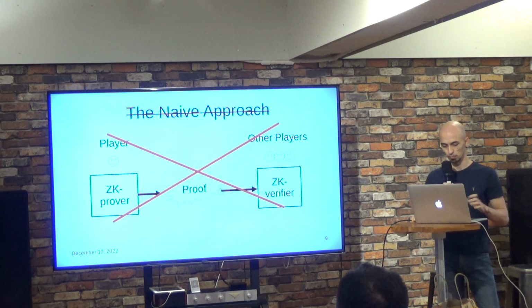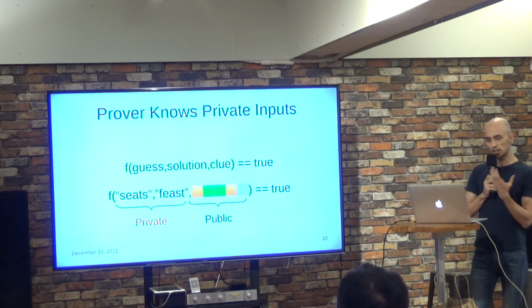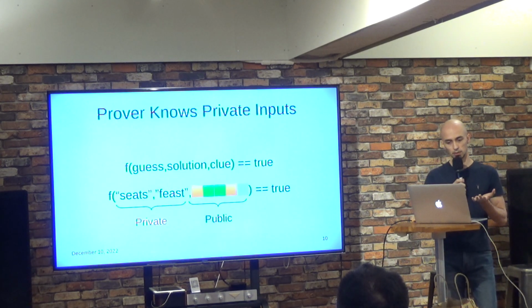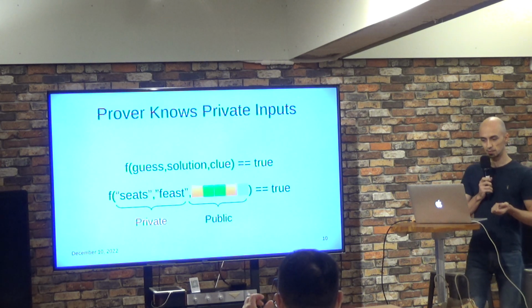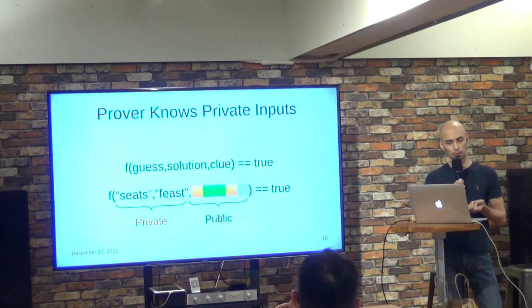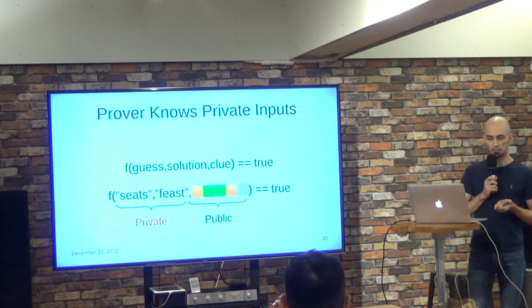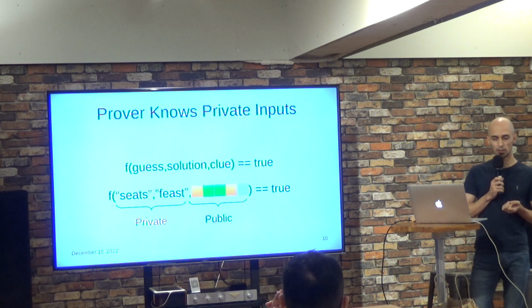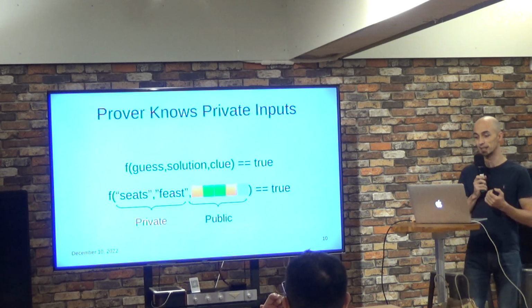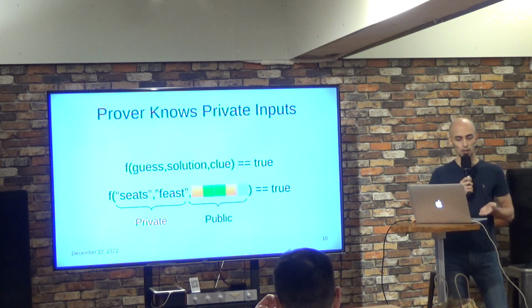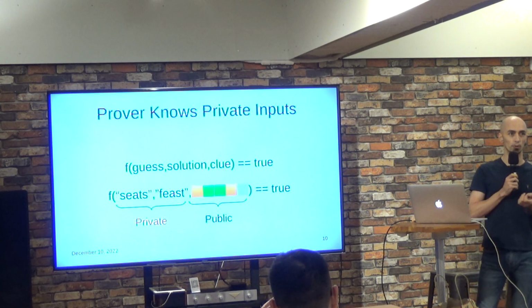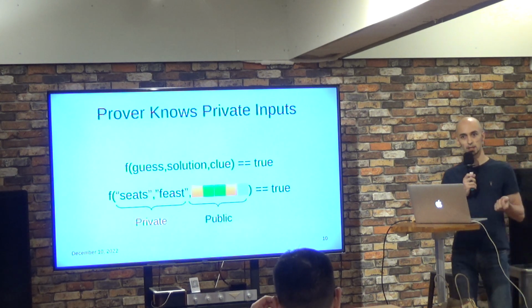in just a moment, for a couple of reasons. If we take a closer look at the statement that we're proving here, we will see that some of the inputs to the statement are the ones that the player probably shouldn't know, at least in the beginning. Because one of the inputs to the statement is the solution. So we cannot let the player know the solution. Maybe in the end it's okay, right?